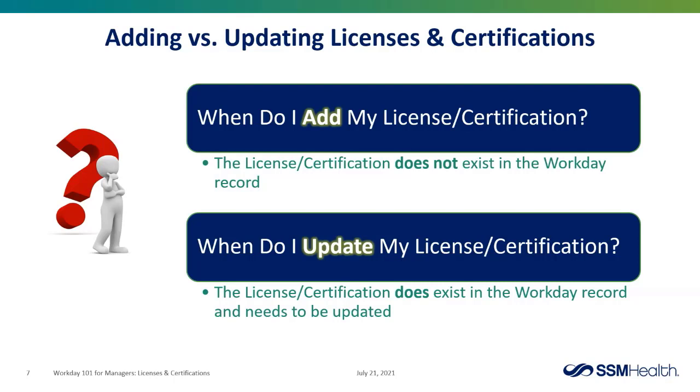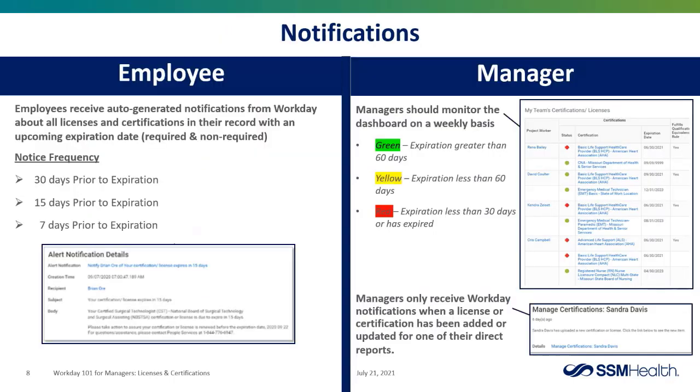Okay. So what kind of notifications will employees see when they need to update a license? The employee will actually receive an auto-generated notification from Workday about the license or certification that's in their record. They will also receive notification for anything that's a requirement or a non-requirement.